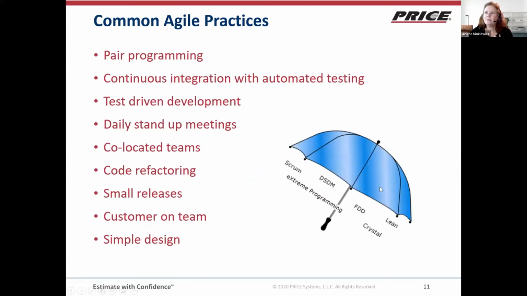Some common Agile practices. Now, as I said before, every Agile project is different, but some common Agile practices include pair programming, where no production code is developed without two sets of eyes on it. Continuous integration with automated testing, so that as people check new code into the system, a build is kicked off and automated testing occurs.